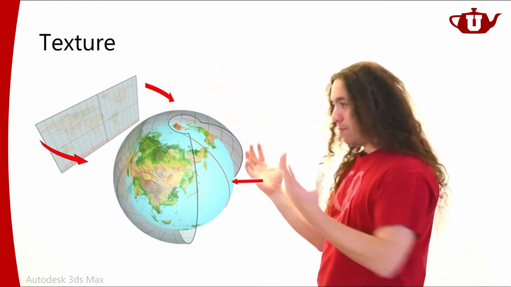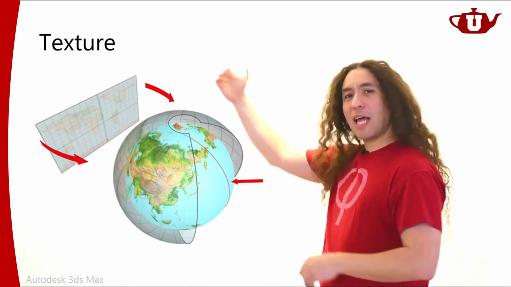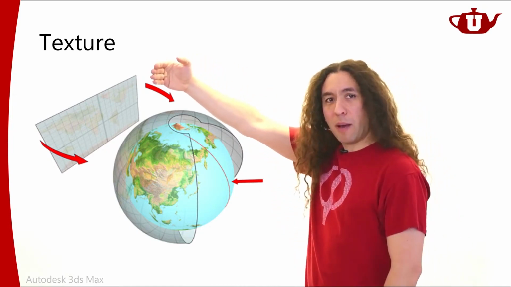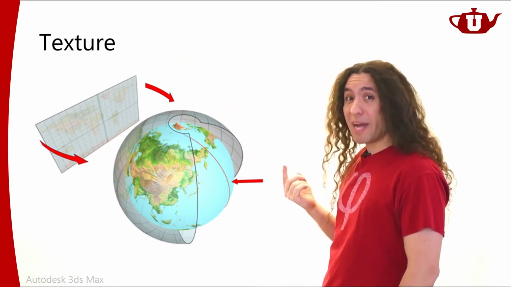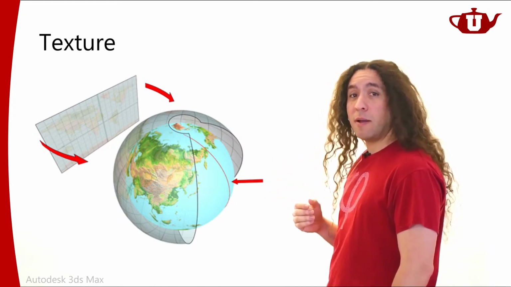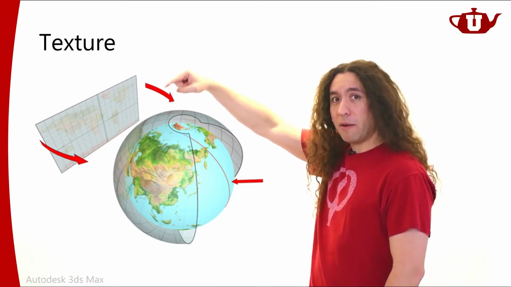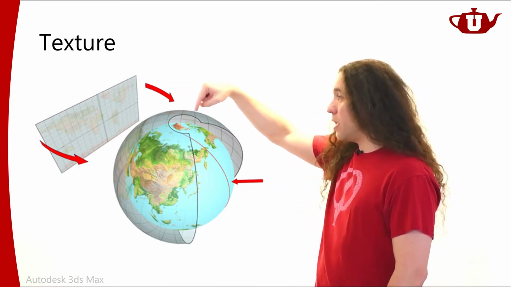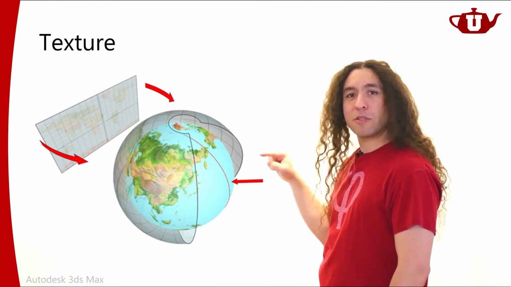Around the equator, things are as stretched as they could be, right? So the same amount of area on this map does not correspond to the same amount of area on the sphere, which is a practical problem for applying textures to surfaces, right? Because if I have enough image resolution near the poles, then I'm not going to have enough resolution near the equator.